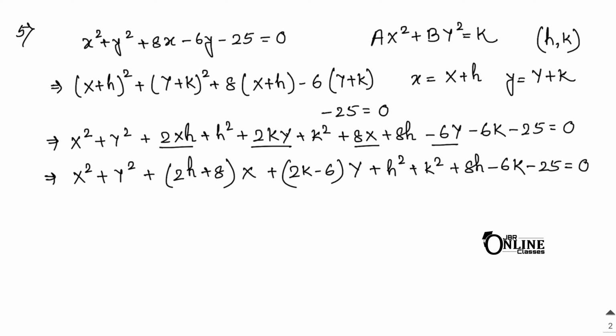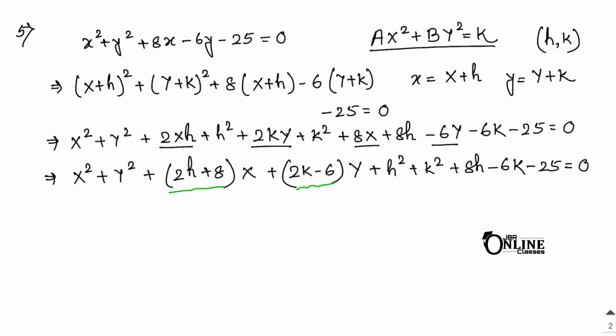Okay, now since the given equation is to be reduced to the form ax square plus by square equals k, the coefficients of x and y are 0. Here the coefficient of x is 2h plus 8 and the coefficient of y is 2k minus 6.